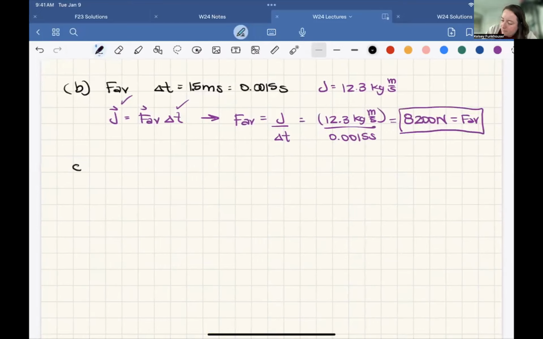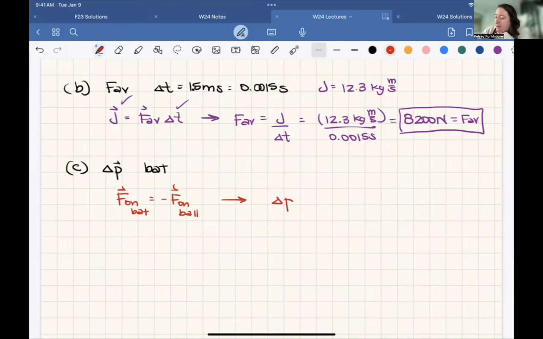And then C asks for the change in momentum of the bat. So the thing to note is that the force on the bat is just negative the force on the ball. And so that also tells us that the change in momentum of the bat is just negative the change in momentum of the ball.